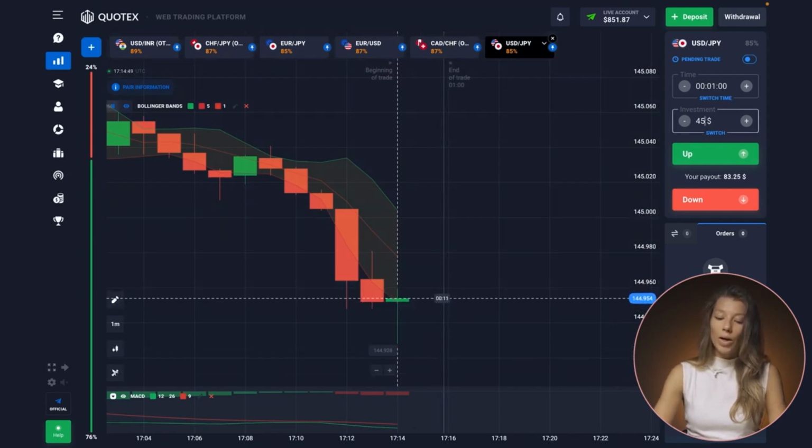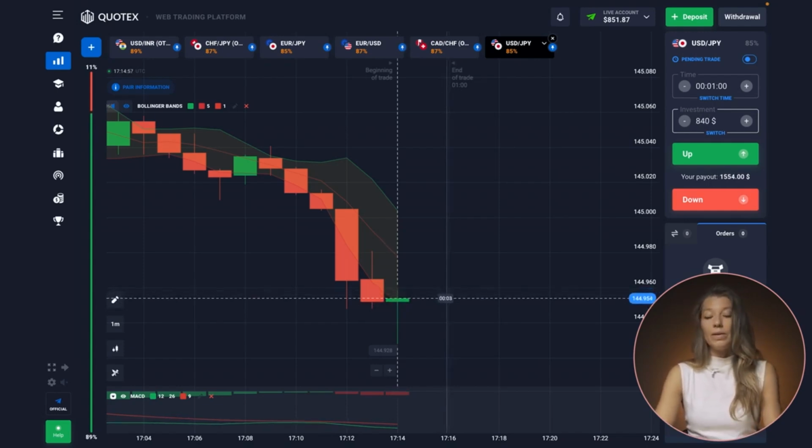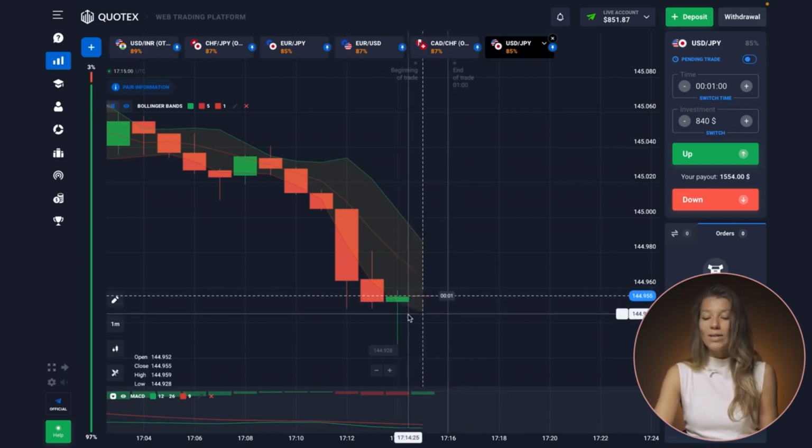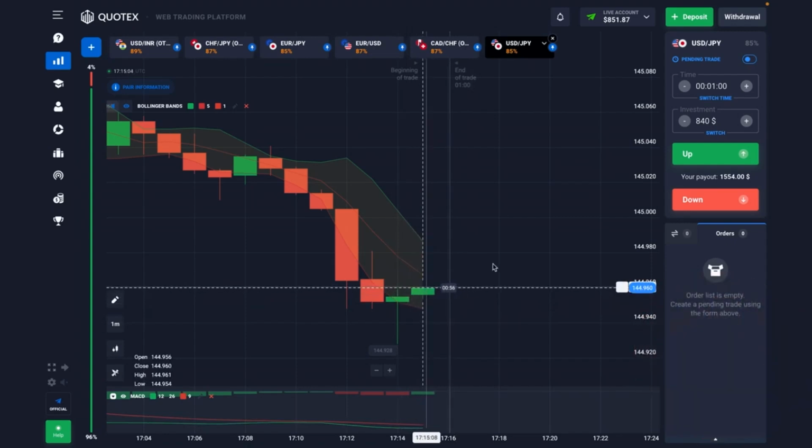Anyway, I think we have to move on while it is happening to our investment box. And I will work here with $840 in my investment. And well, friends, what is going on here? Let's work with the call option right now. Let's do it.